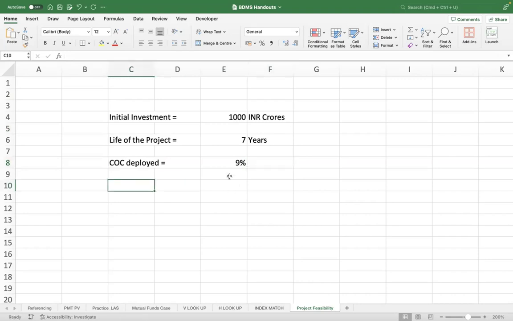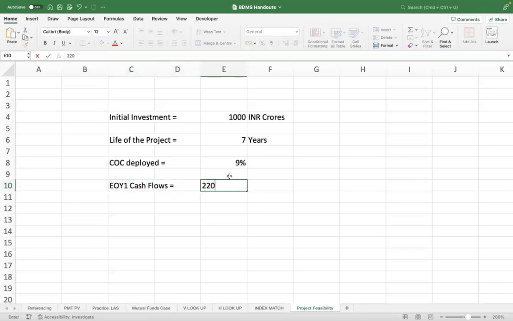Also, assume that the end of year one cash flows are forecasted to be 220 crores, or rather keep it simple, 200 crores.